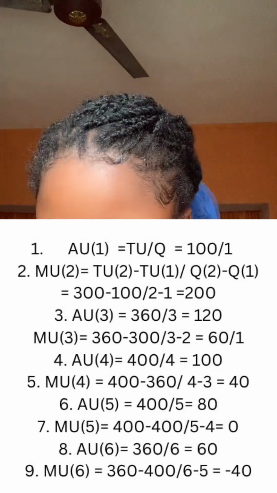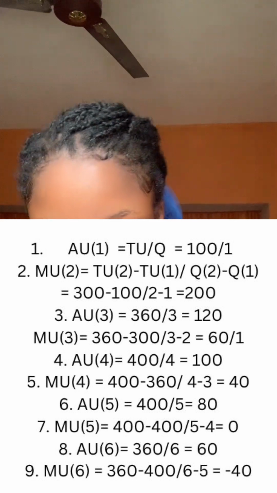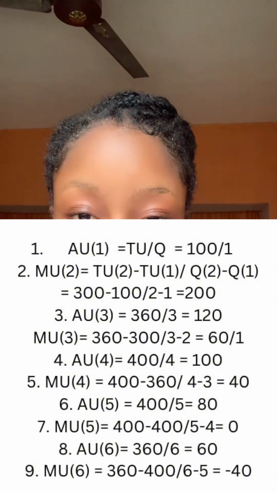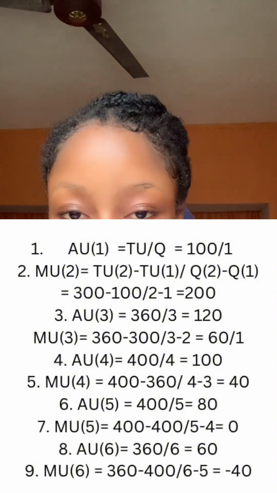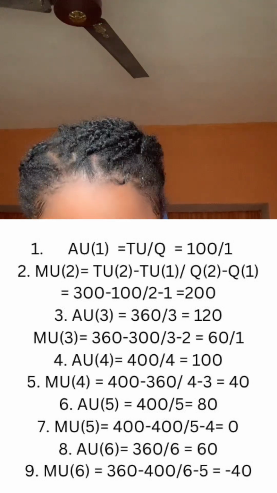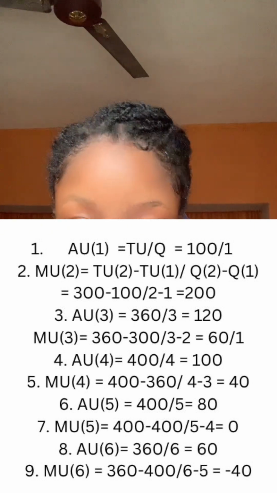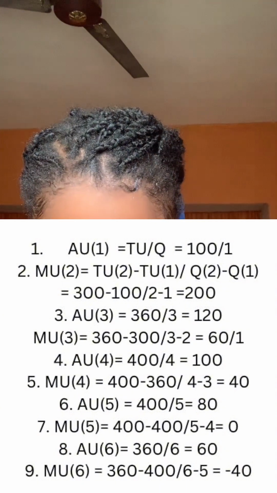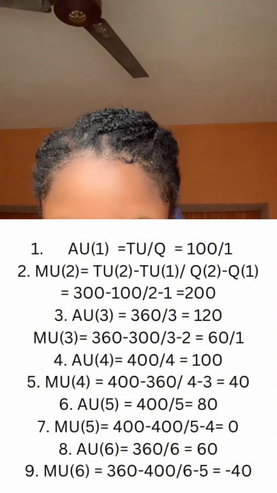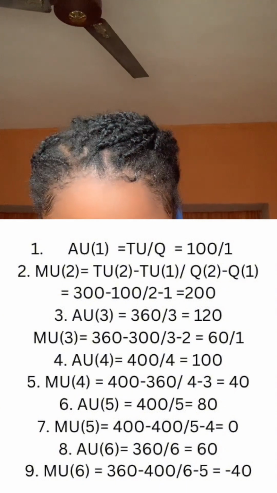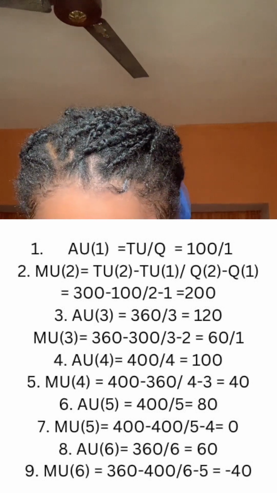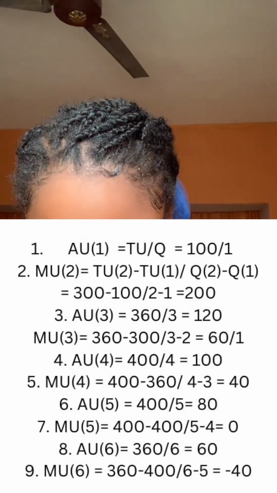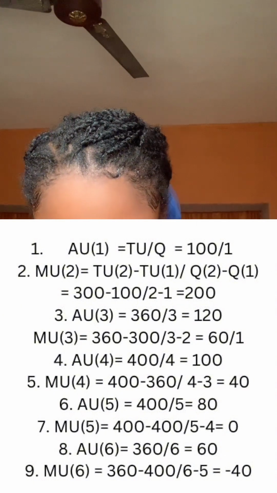Moving down to quantity 4, we have total utility at 400, and recalling the formula for average utility, which is total utility divided by quantity, we have total utility as 400 divided by the quantity at 4. 400 divided by 4 was equal to 100. Then for the marginal utility, we have total utility at quantity 4 minus total utility at quantity 3, divided by quantity 4 minus quantity 3.